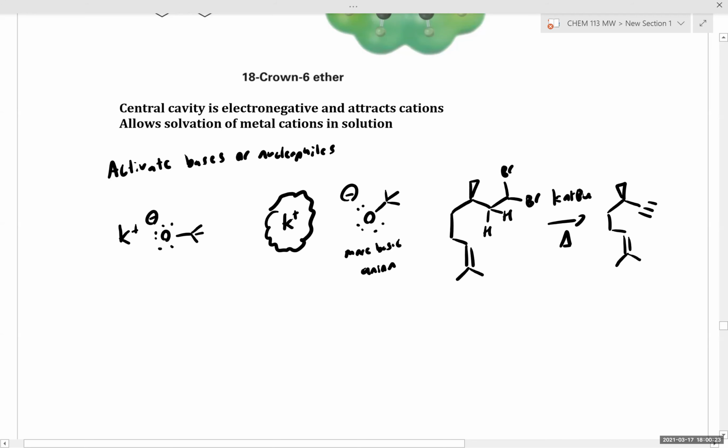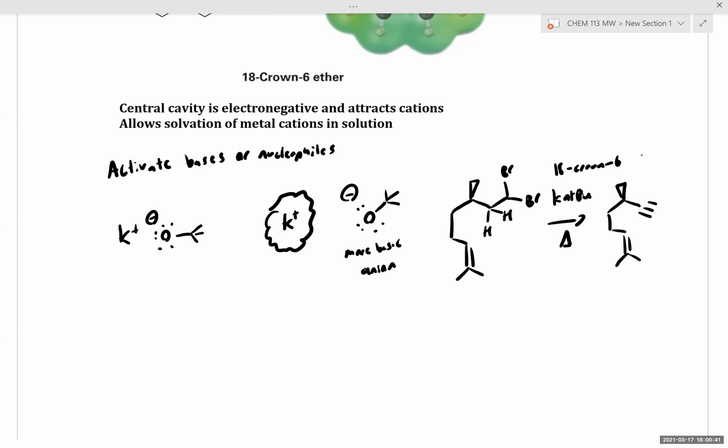So we can get some really difficult elimination reactions to go to completion by using a crown ether to activate our nucleophile or activate our base.